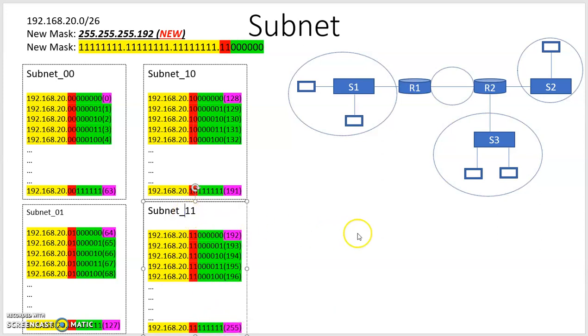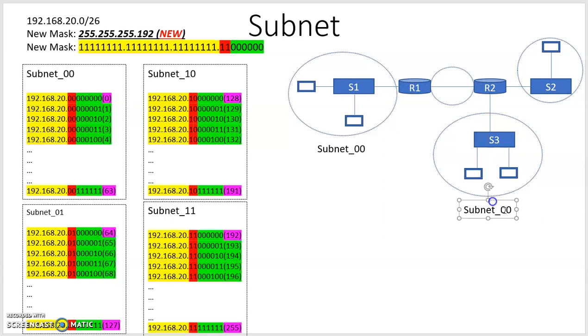So now we know how to create the subnets and the corresponding subnet addresses for each subnet that we have created. Maybe we can assign this network to subnet 00, so we assign the IP addresses from subnet 00.